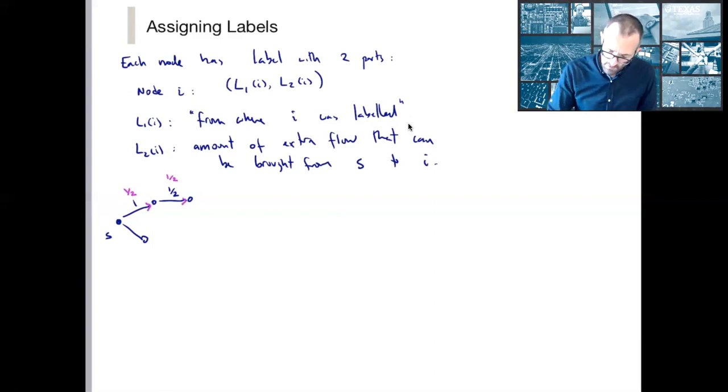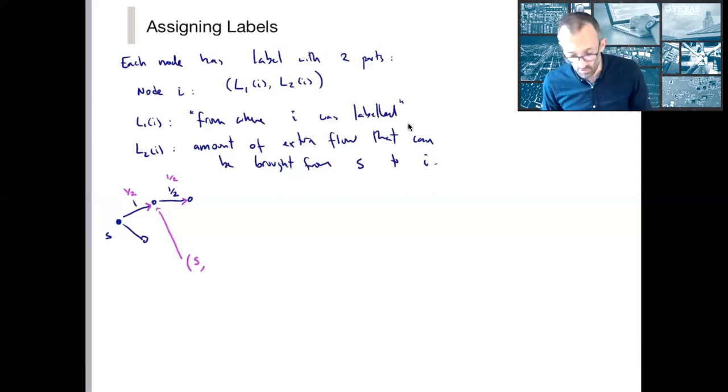Then, what would the label for this node be? Well, it was labeled when S was scanned, and it's already getting half a unit of flow, and so it could get another half. So the label would be S, 1/2.